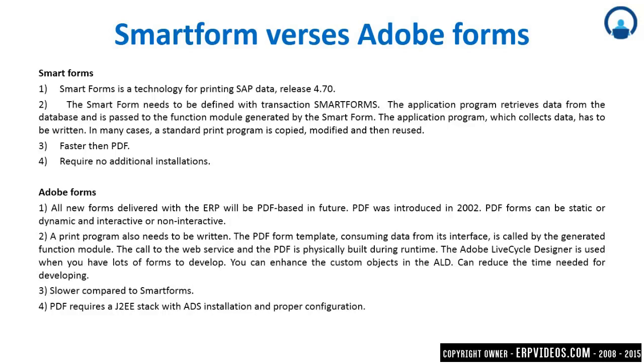You can enhance the custom objects in ALD, that is, Adobe LiveCycle Designer, and can reduce the time needed for developing. It is slower compared to Smart Forms. Then PDF requires a J2EE stack with ADS installation and proper configuration. So these are some of the points related to Adobe Forms. So this was the difference between Smart Forms and Adobe Forms.